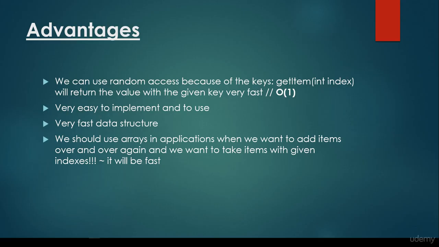It is very easy to implement and use arrays, and they are very fast data structures. It's very important that we should use arrays in applications when we want to add items over and over again, and we want to take items with given indices. For these kinds of applications, it's going to be very fast to use arrays as the underlying data structures.